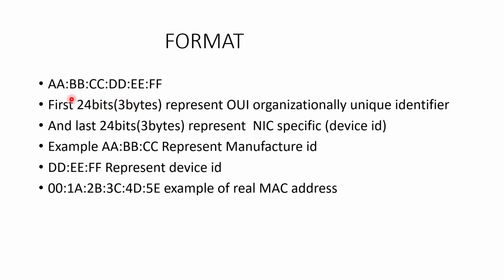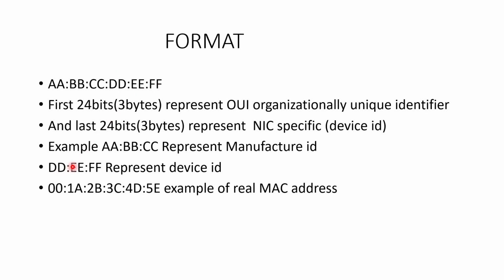Now, the first 3 bytes, so let's take an example of this MAC address. For this instance, the first 24 bits, which is AA:BB:CC, they use to represent the manufacturer ID. Then the rest, the last 24 bits, they use to represent the device ID.